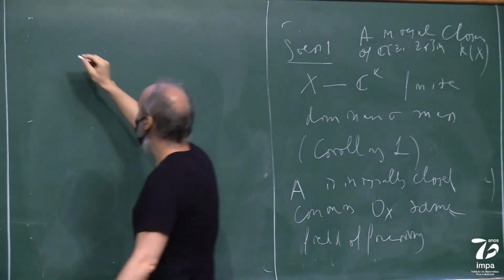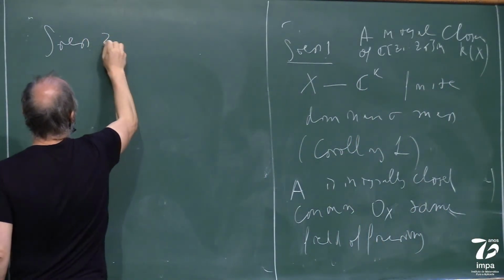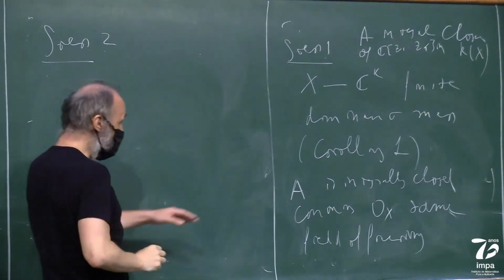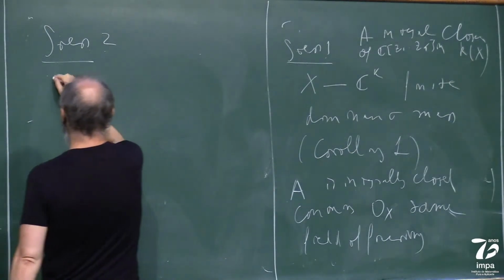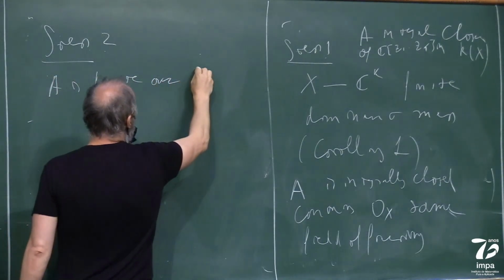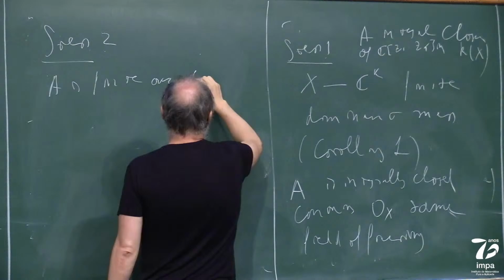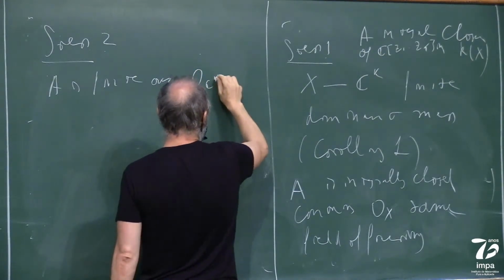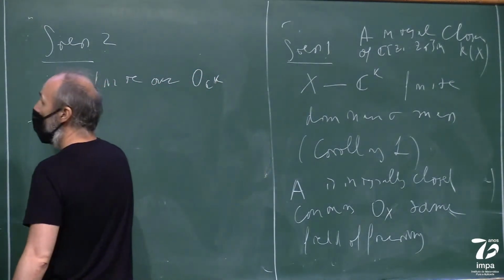So step 2. A is finite over O of C^k, by this example.